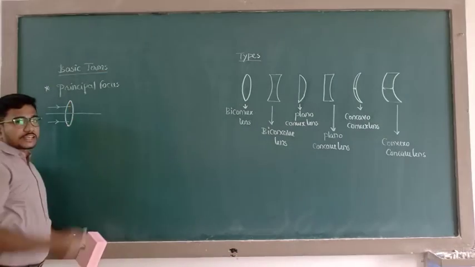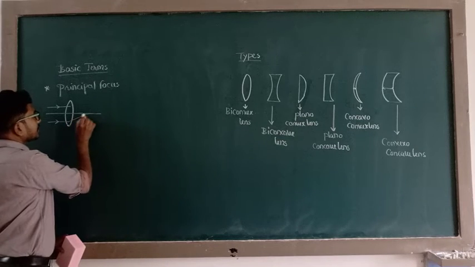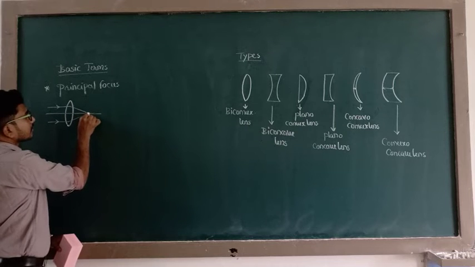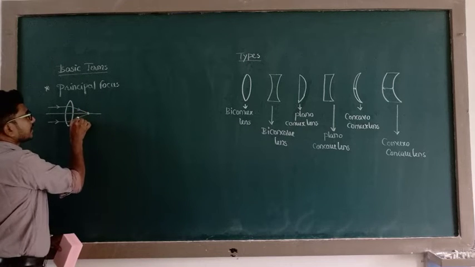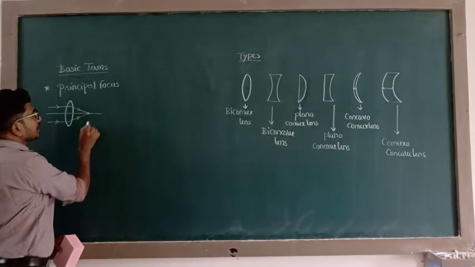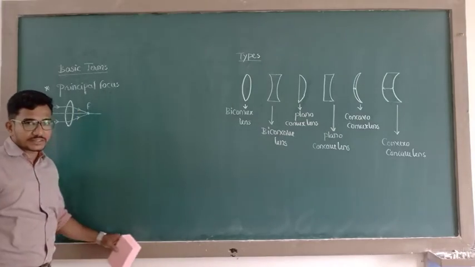After refraction, these two refracted light rays converge to a point on the principal axis. Direction of refracted light rays. This point on the principal axis is known as principal focus, and it is represented by F.